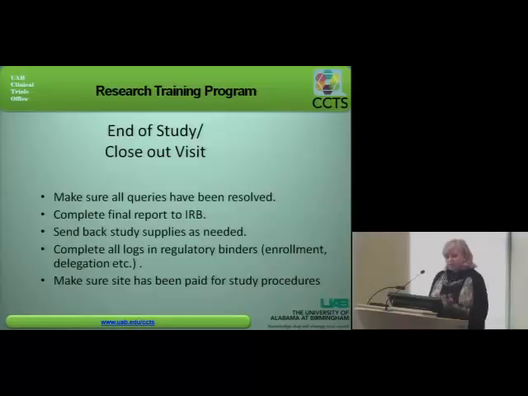So you finally made it to the finish line, and at the end of the study, for the closeout visit, you want to make sure all queries have been resolved, that you've sent in that final report to the IRB, that you've sent back the supplies to the sponsor if they've requested them, and that all the logs in your regulatory binders are complete and up to date. You want to make sure your delegation log has the start date and the end date, and make sure that you've been paid for all your hard work.